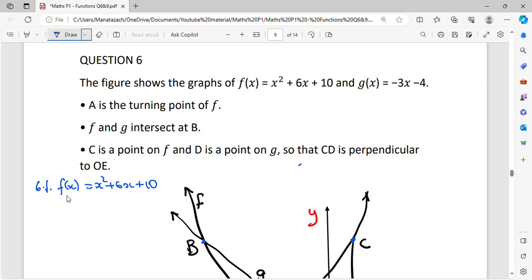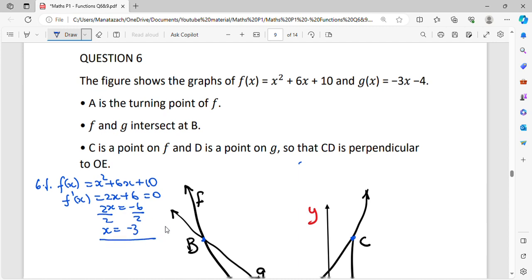So let's find the gradient for this function, which is the derivative: 2x plus 6, and we'll equate it to 0. And then we'll solve for x. x is minus 3. That's the x coordinate at point A.